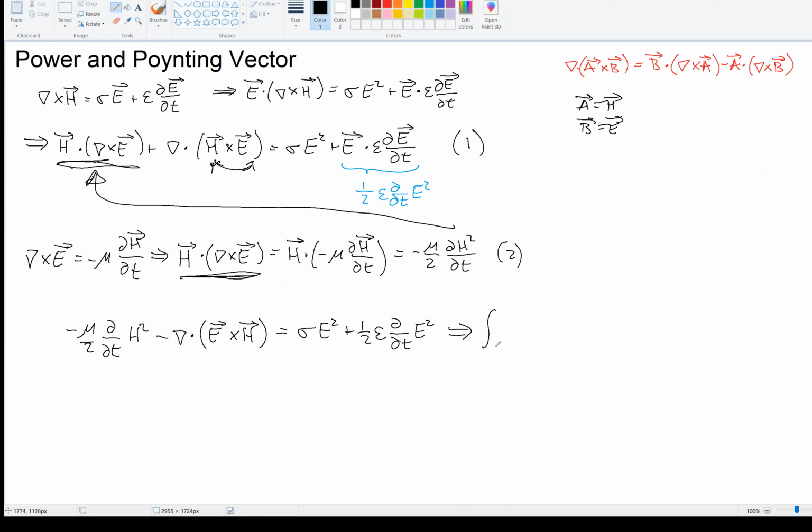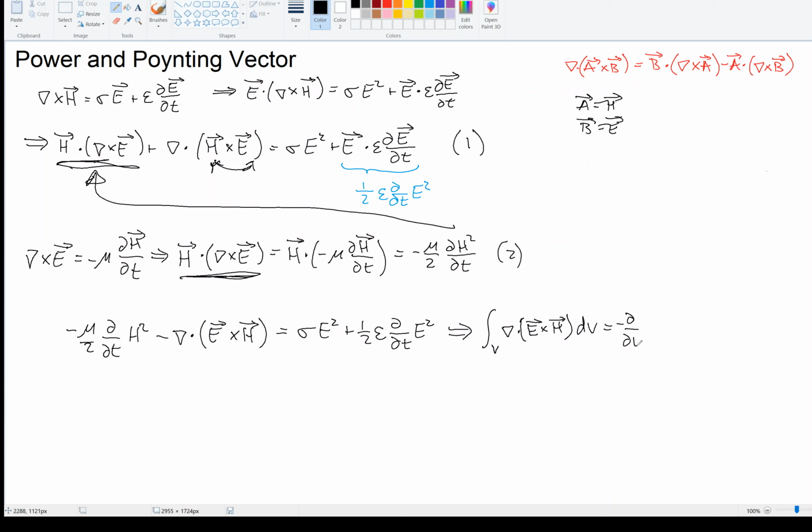So we're just doing some slick mathematics here, like I said. We're continuing with that idea. So I've got the divergence of E cross H. That E cross H seems to be coming up a little bit. Integrate over volume equals, I'm rearranging.